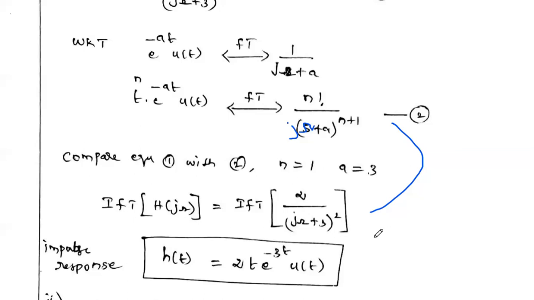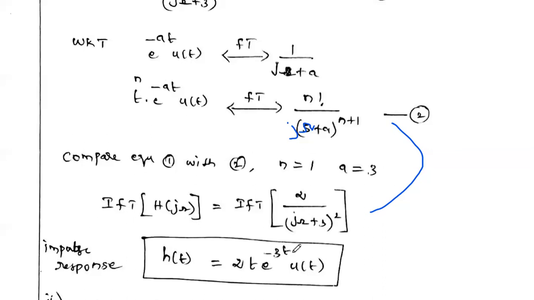According to this, n factorial means 1 factorial, which is 1. Taking the 2 as common, what is the inverse Fourier transform of 1 divided by j omega plus 3 to the whole squared? The answer is t to the power n, where n is equal to 1, so t into e power minus at, where a is 3.